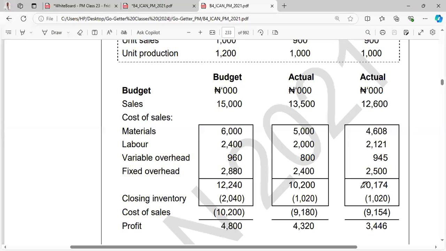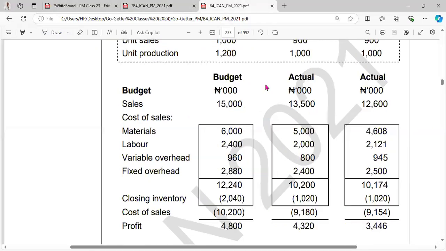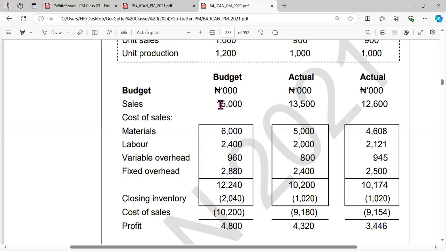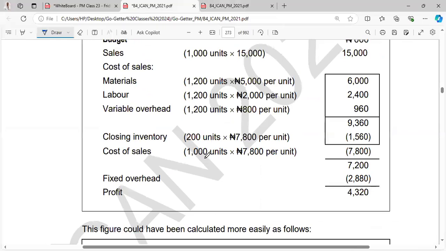But how many was actually sold? It's 1,000. So it is like this here. It's still the same thing here, but here your closing stock happens to be different from this because of the marginal costing style that is being used. And so your cost of sales reflects 1,000 units.